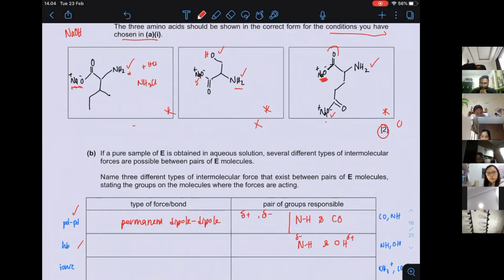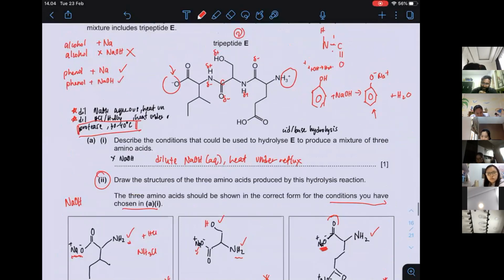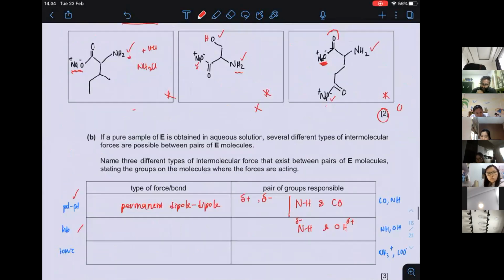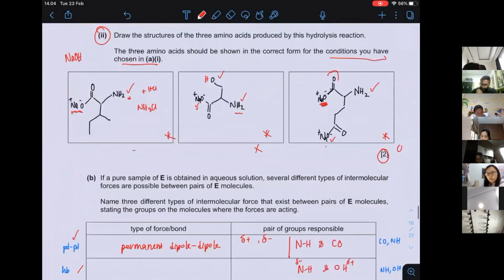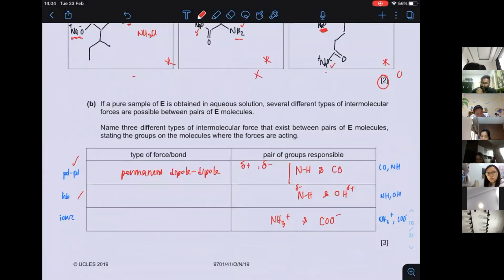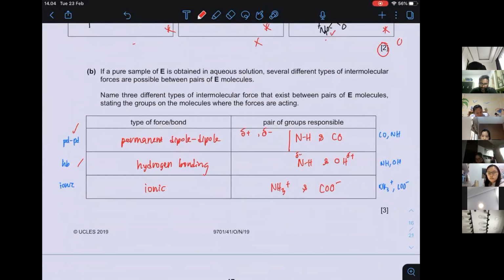Then the ionic bonding. You need to tell NH3 plus and COO minus. That is going to be another one. So when they give you the marks, they are going to determine whether, in order to get the full mark, you need to mention the correct pair.